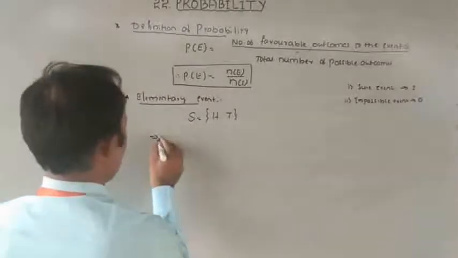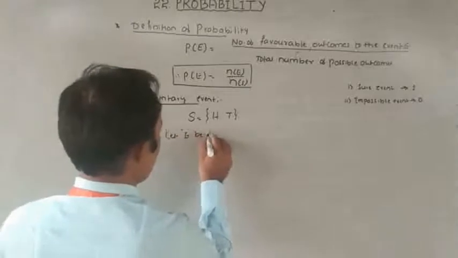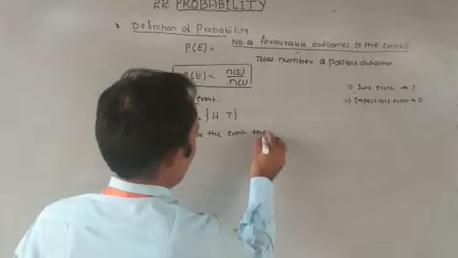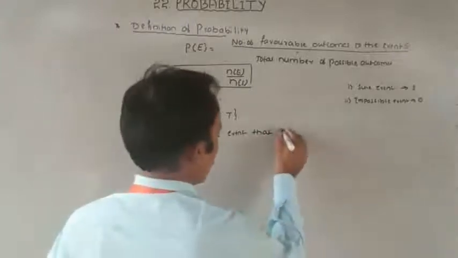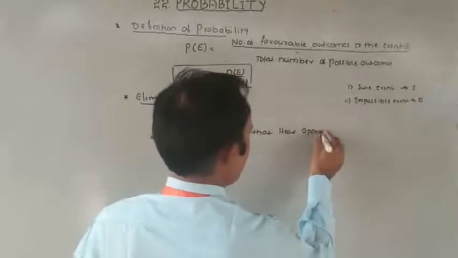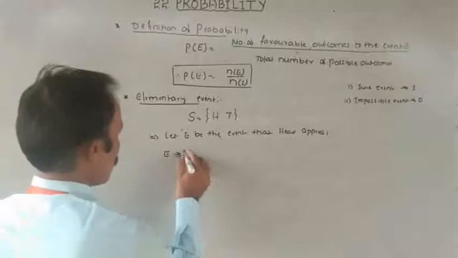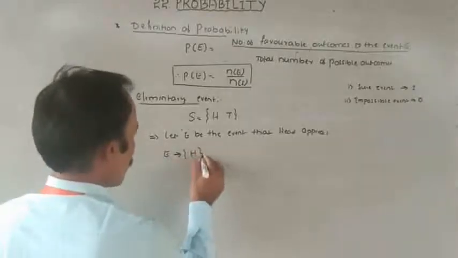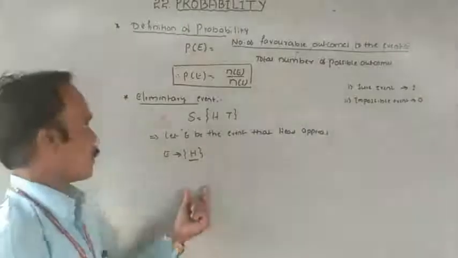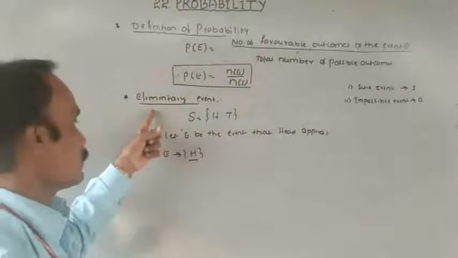Next, let E be the event that head appears. Now, note down the possible outcomes. 1. So, how many possible outcomes are there? Only one. Then it is called an elementary event. Please don't get confused here.